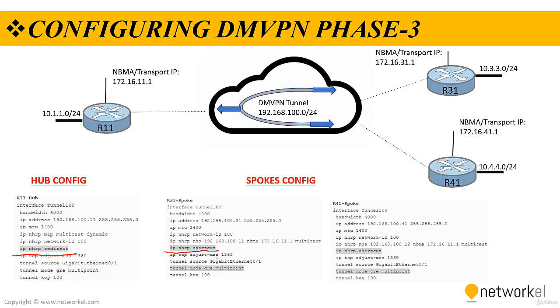Please notice that all three routers have tunnel mode GRE multipoint this time. And the other configuration is just the same as DMVPN phase 1.